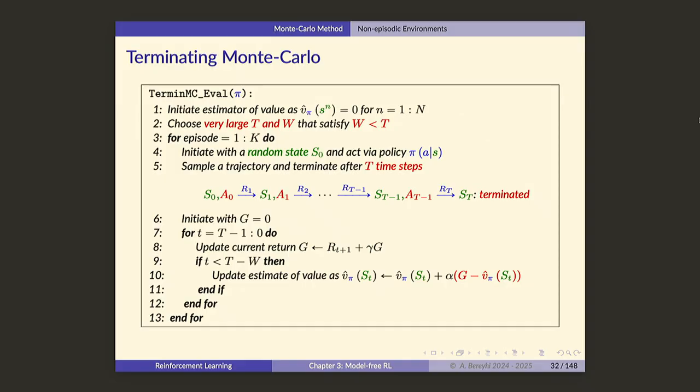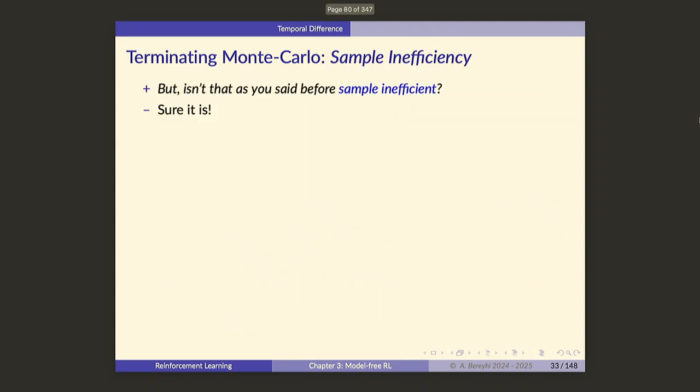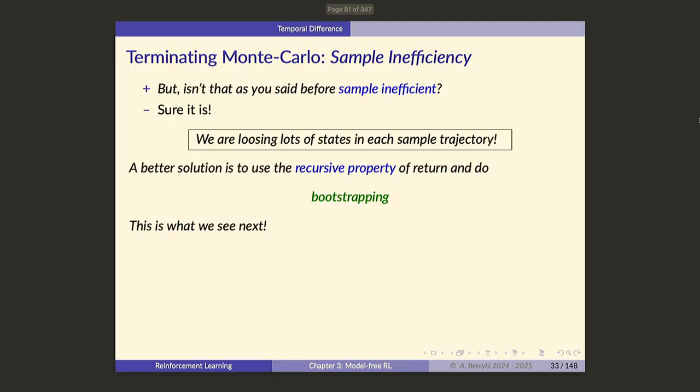But now you're throwing away a bunch of them in your trajectory because you know that they are not giving you reliable estimates, right? So this idea is not a very good idea. This is eventually very sample inefficient. And what we can do to resolve it is the idea of bootstrapping.